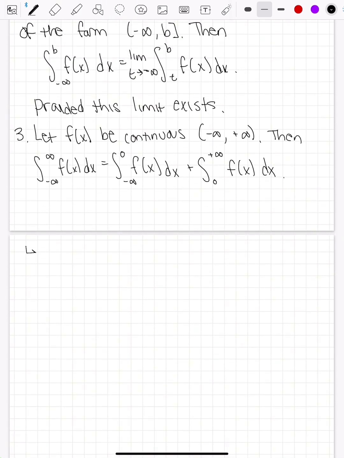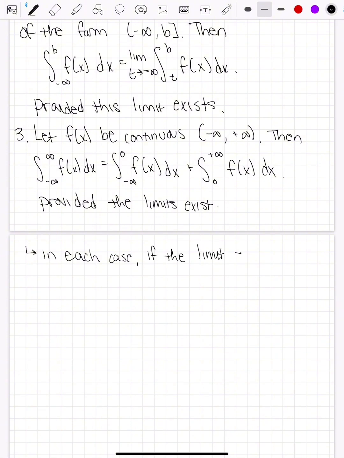So we have new vocabulary words. In each of these cases, if the limit exists, then the improper integral is said to converge.